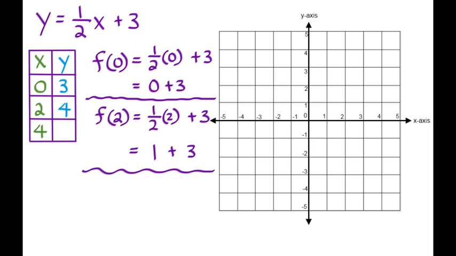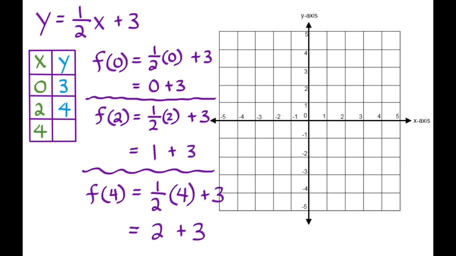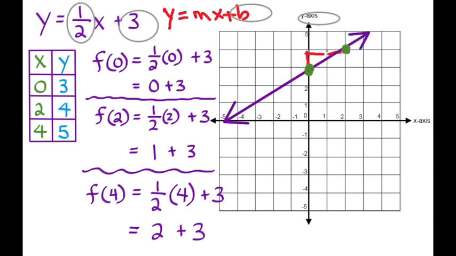And then when x is 4, half of 4 is 2, and 2 plus 3 is 5. Easy peasy, lemon squeezy. Now we have 3 good points to graph on here. We have a y-intercept, right? And we have all these points: 0, 3, 2, 4, and 4, 5.